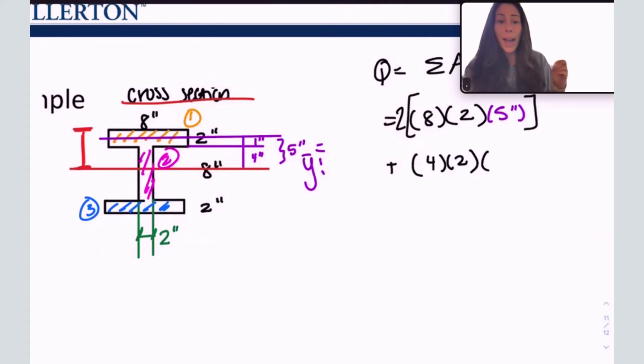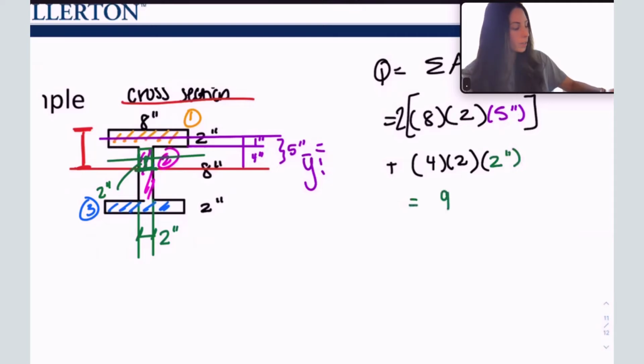So if I'm at the neutral axis, I'm going to pick this portion of that section right in the middle, and take the distance of that section to the neutral axis. That would give me 2 inches. And if I solve for this, I get 96 inches cubed. That is how I calculate my Q value.